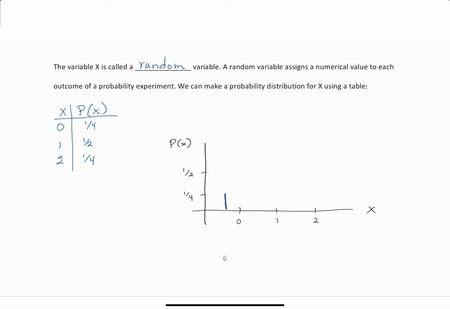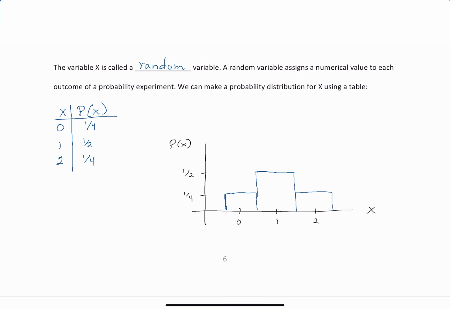We have a rectangle above the 0 going up to 1/4. We have a rectangle above the 1 going up to 1/2. And we have a rectangle above the 2 going up to 1/4.